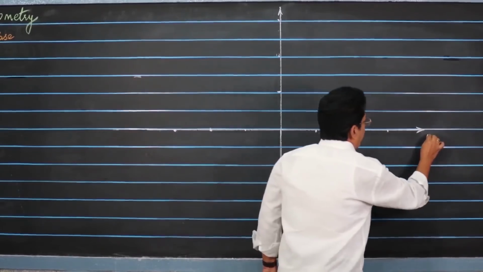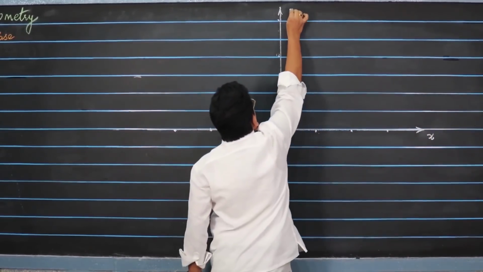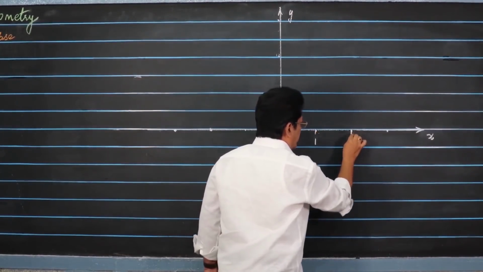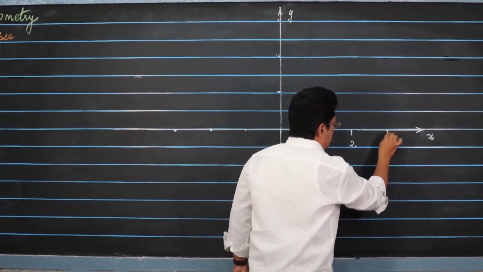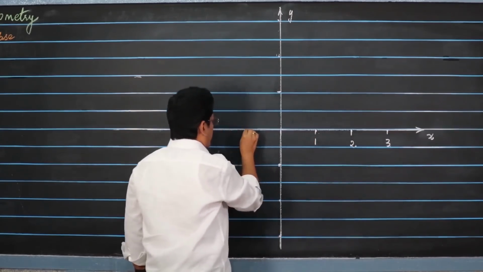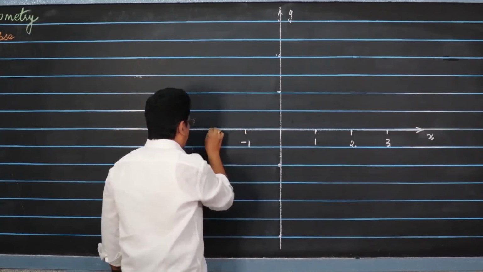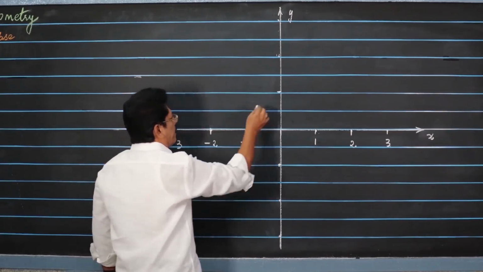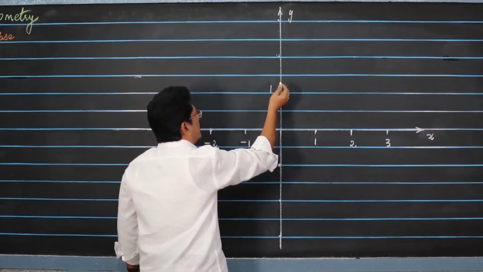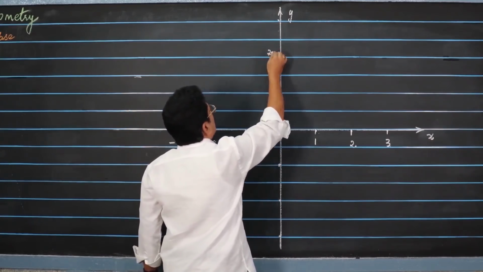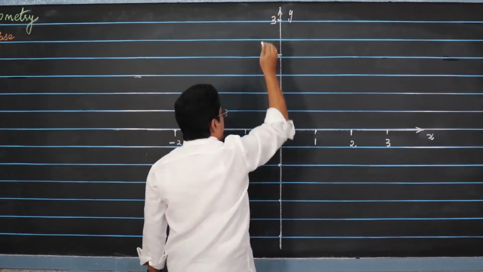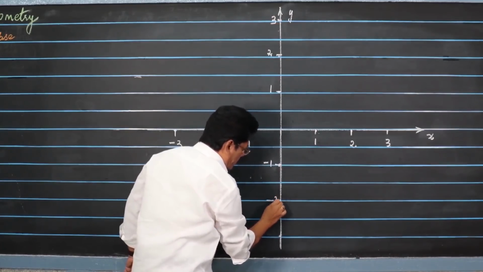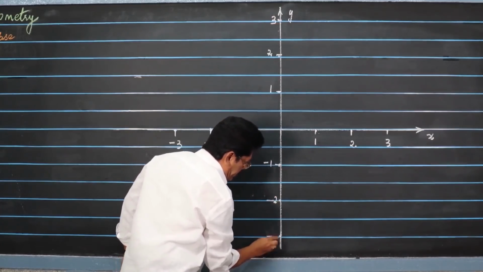Now, this will be your x-axis and this will represent your y-axis. 1, 2, 3, minus 1, minus 2, minus 3. 1, 2, 3, minus 1, minus 2, minus 3.